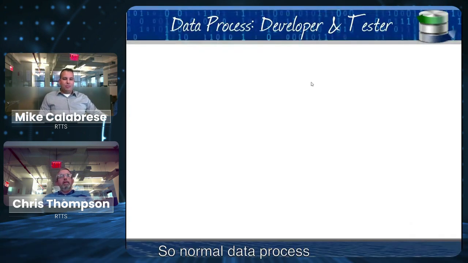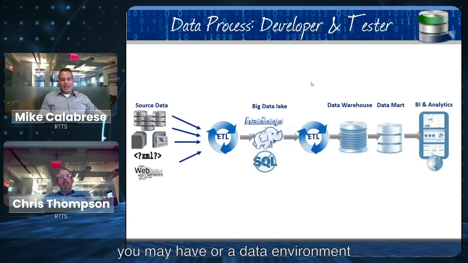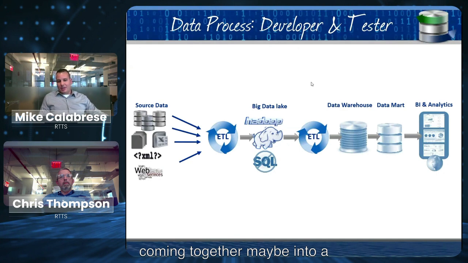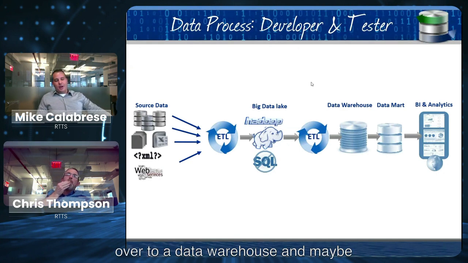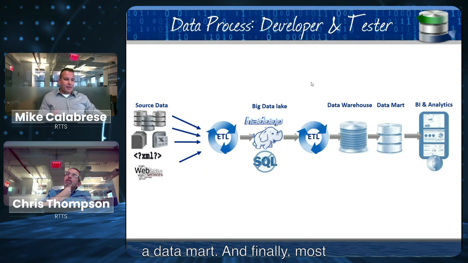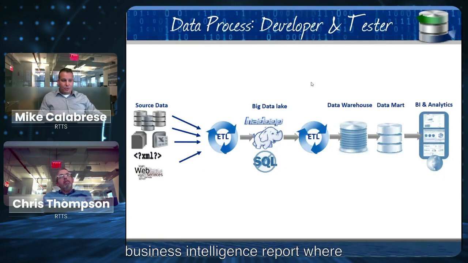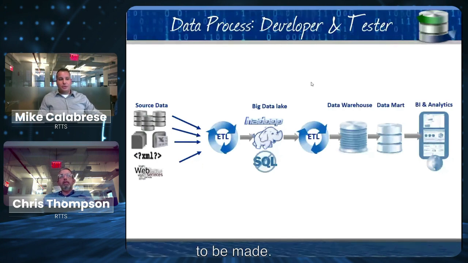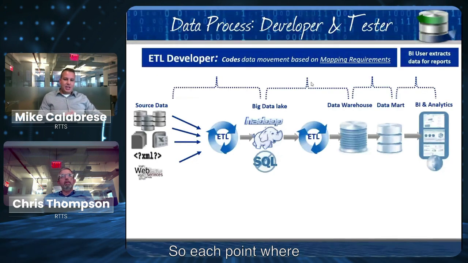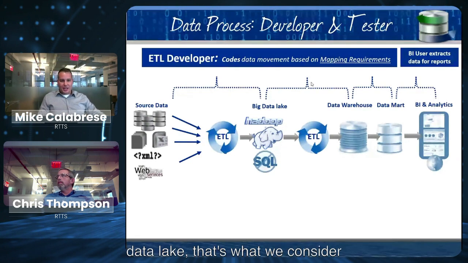So in a normal data process or data environment, you may see various source systems coming together maybe into a big data lake that then moves over to a data warehouse, then maybe a data mart, and finally, most of the time ending up in a business intelligence report where those critical decisions are going to be made. So each point where data is being moved from, let's say, a source to the data lake, that's what we consider an ETL leg.